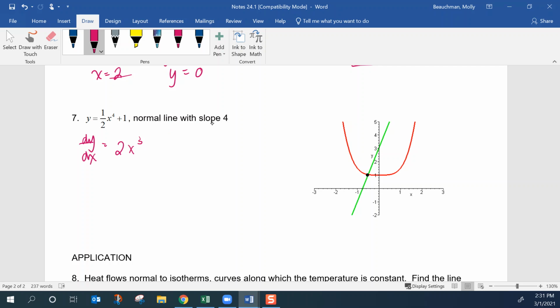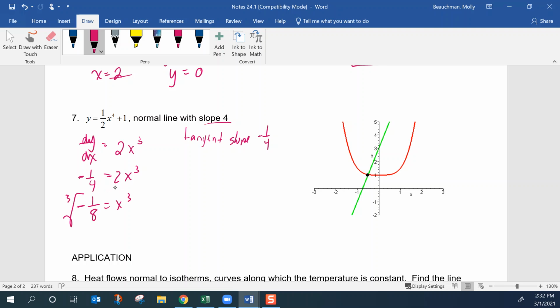If the normal line has slope 4, then the tangent line has the negative reciprocal slope. So we substitute negative 1/4 in for dy/dx, since the derivative gives us the slope of the tangent line. Divide both sides by 2, or multiply both sides by 1/2. I get negative 1/8 equals x cubed.